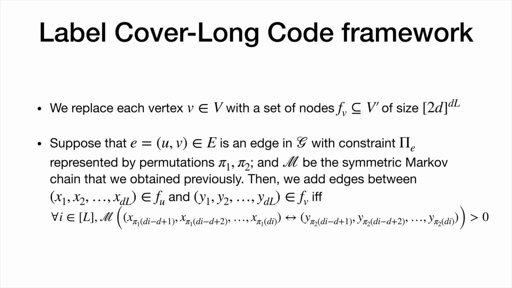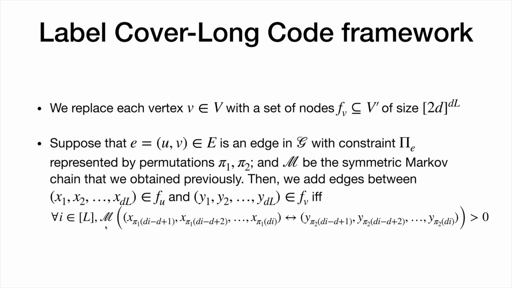The main motivation when adding edges is to make sure that dictator functions satisfy all the constraints. As in, if you set each f_v to be a dictator on the ith coordinate, and if uv is an edge in the label cover, if you set u to some assignment i and v to j that satisfies the label cover constraint, we want to ensure that these dictator functions are a valid coloring of the graph resulting from this reduction.